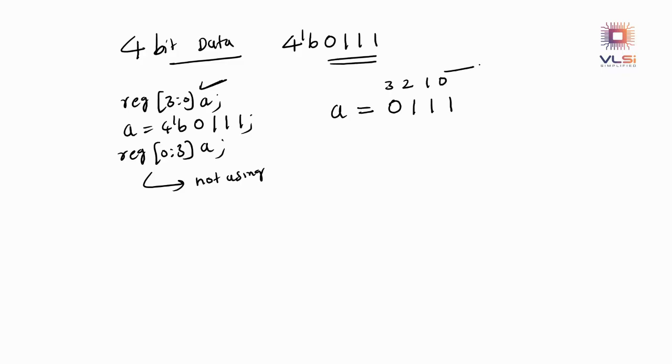So we can say this is the MSB and this is the LSB. Suppose it is reg [0:3] a, then it will store like this, 0111, and this is the MSB and this is the LSB. So the order will change. Okay, so this is about vectors.